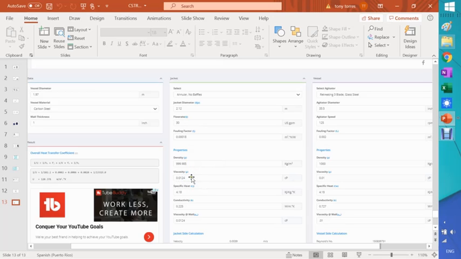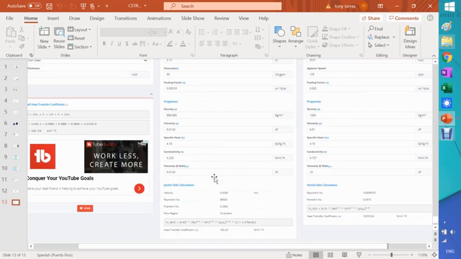These are default values, some of which come directly from the web page. You can change them if you know precisely the temperature you are going to be working at. Specific heat 4.18, and the conductivity of that solution, which I believe is close to water. That will give you the heat transfer coefficient for the jacket side.